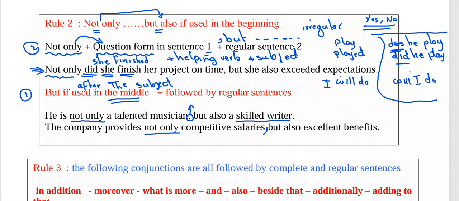Not only did she finish her project on time, don't forget the comma before "but," she also exceeded expectations. This is the second rule. Try to practice using "not only" and follow it by a question form.